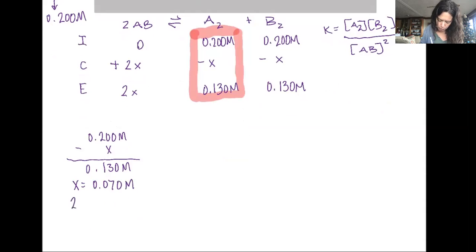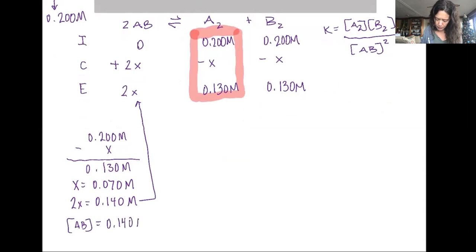And therefore, 2x is equal to 0.140 molar. And I will plug that in for that. So I know that the concentration of AB at equilibrium is 0.140 molar. So I now know the concentrations of all species at equilibrium. I know my products, and I know my reactant.